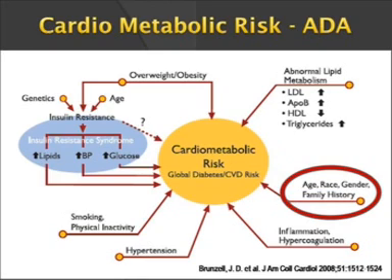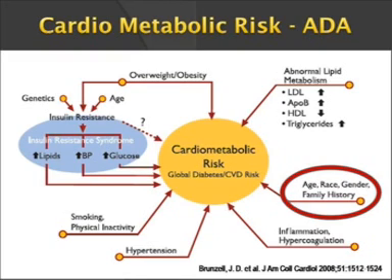As age advances, CV risk increases, CMR increases. Race, Asian Indians, particularly Indians, we are more prone to cardiometabolic risk, and the risk of CVD in Indians or Asian Indians is much higher compared to other countries.